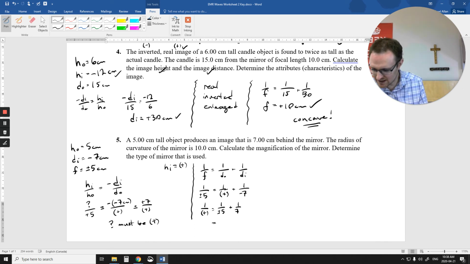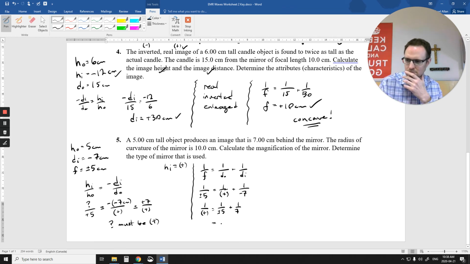But does 1 over negative 5 plus 1 over 7 give me a positive number? Let me try that. So it's 1 over negative 5 plus 1 over 7. That is a negative number. So this doesn't work. So I'm not allowed this. I'm not allowed to have a negative DO. So this can't be a negative focal length. So that means this focal length has to be positive. So I'm going to write that in here.